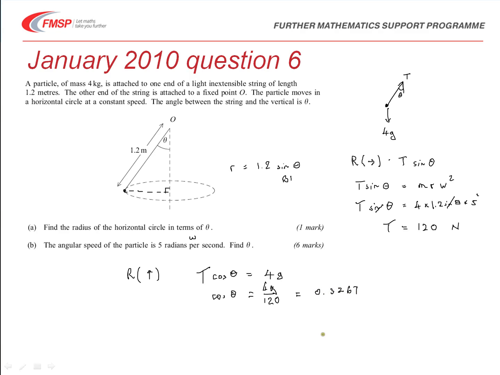So on your calculator you might have something like 0.32666. So then if you do inverse cosine, that will give you a value of theta as 70.9 degrees. That's to 1 dp.